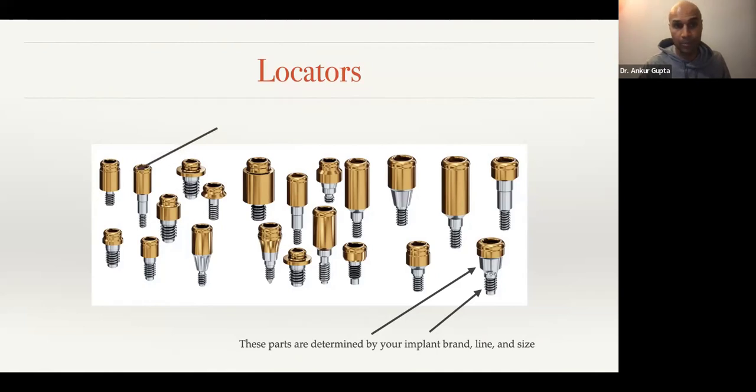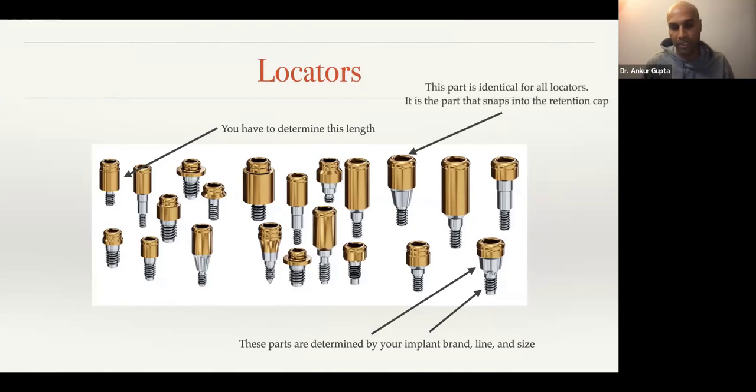Next, the salesperson is going to say, I've got those, but what is the cuff height? I'll explain in the next few slides what a cuff height is. The cuff height is what I'm pointing to with this arrow. It's the length of this cylinder that separates the silver part of the locator, which is determined by your implant manufacturer, from the top part of the locator, which is identical for all locators.